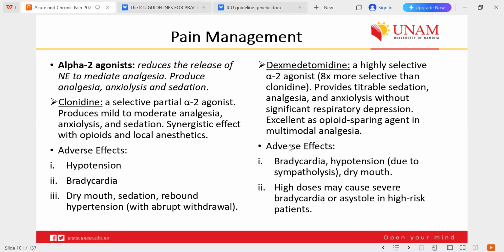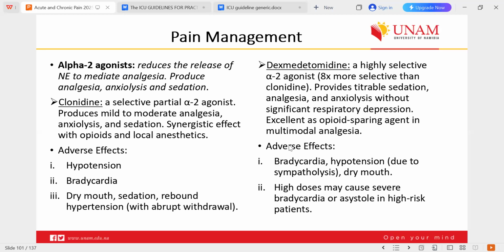We have the two common alpha-2 agonists, clonidine and dexmedetomidine. Dexmedetomidine is a highly selective alpha-2 agonist, about 8 times more selective than clonidine, and provides titratable sedation, analgesia, and anxiolysis without causing significant respiratory depression.